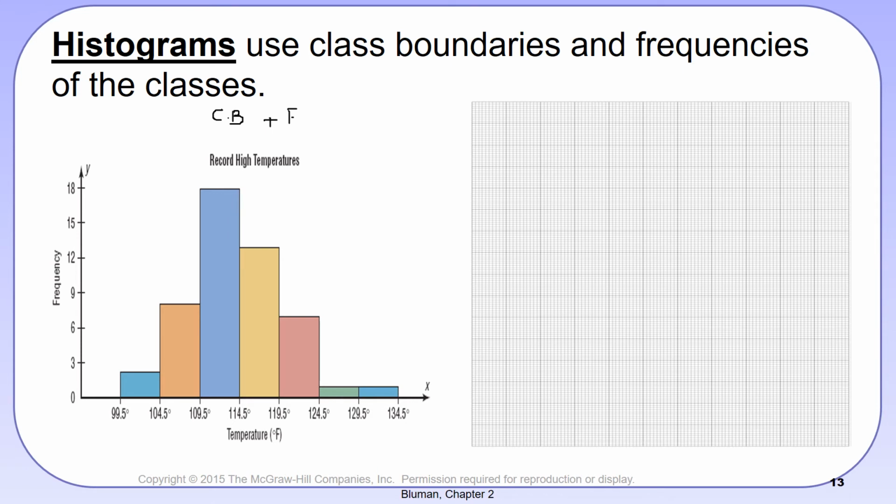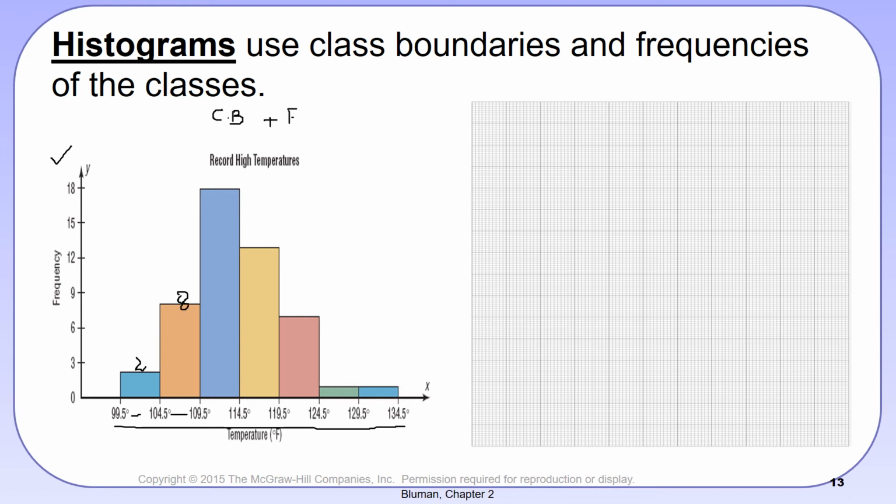We will draw class boundaries on the x-axis, the horizontal axis, and frequencies on the vertical axis. From 99.5 to 104.5 the frequency is 2. From 104.5 to 109.5 the frequency is 8.